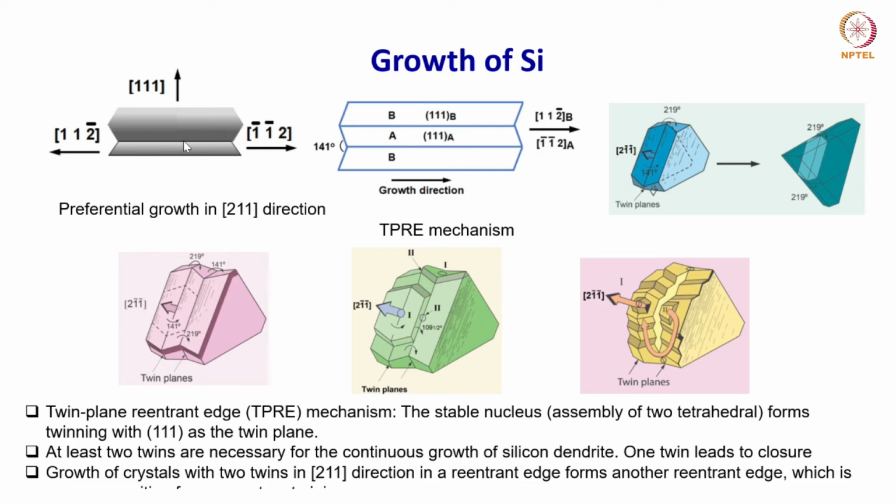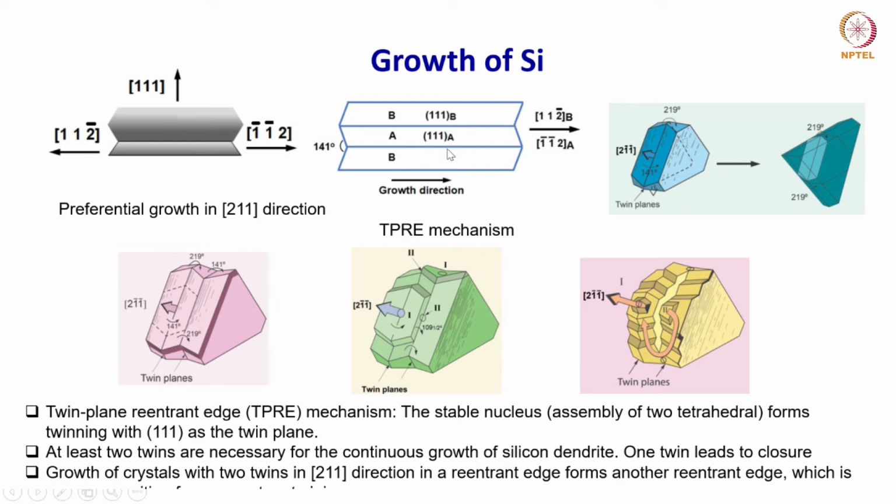Now, for this growth mechanism to take place, you need at least two twins to form for the continuous growth of the silicon dendrite in a particular direction. And what is that direction? That direction is the 2-1-1 direction. It can be any combination like 1-1-2, 2-1-1, and so on.